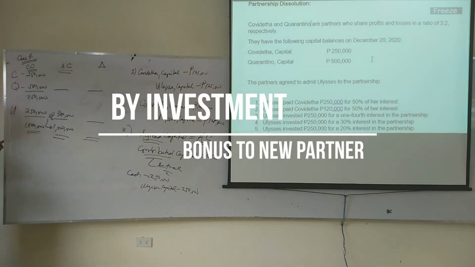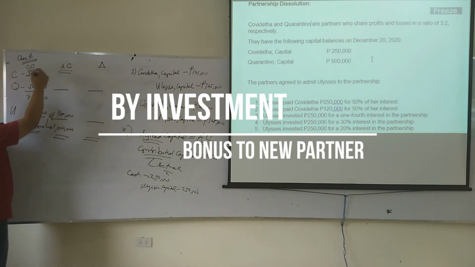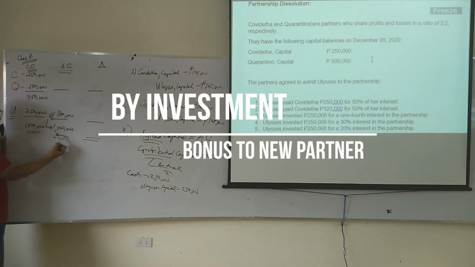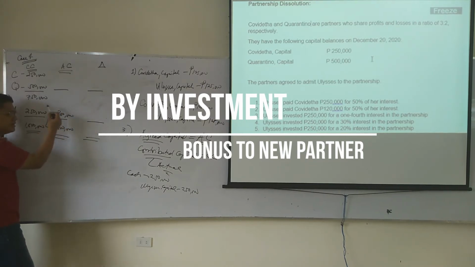Again, it is agreed by the partners for Ulysses to have 30% of the total equity. 30% of 1 million is 300,000. Ulysses contributed 250, but he is getting 300,000 as agreed by the partners.